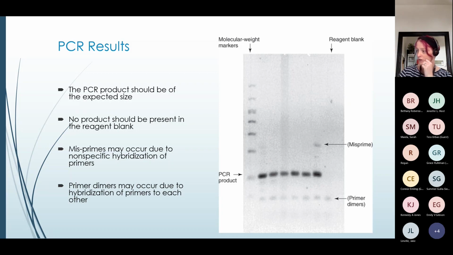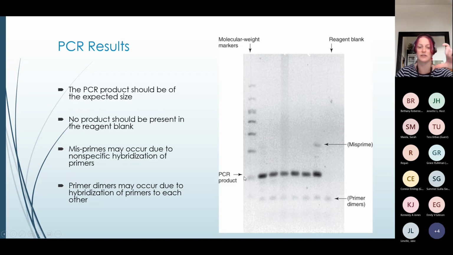So in this picture, though, it only shows molecular weight markers on the one side, and that's fine. These you purchase from a company, and it gives you known molecular weights that are in the gel. So maybe this is 1,000 base pairs, and down here it's 50 base pairs, right?